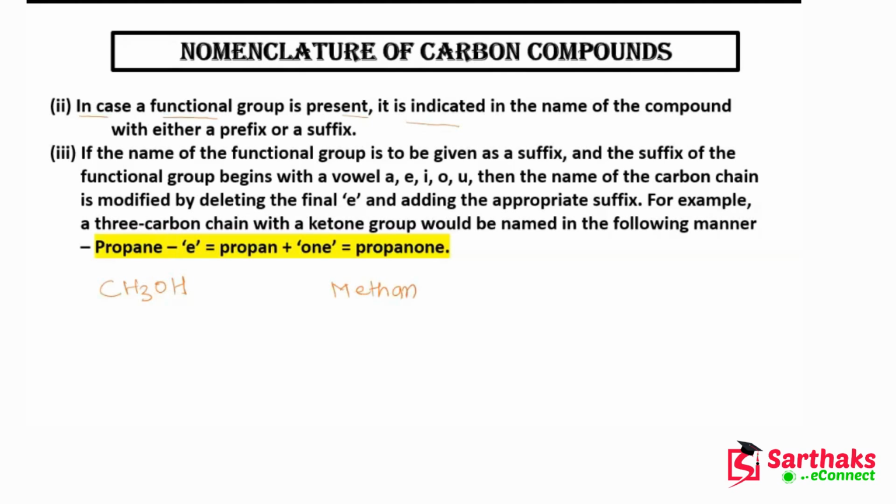Now, the suffix used for this OH here is ol. So I will simply remove this e and add ol here. So this will become methanol. I hope this point is clear to you.